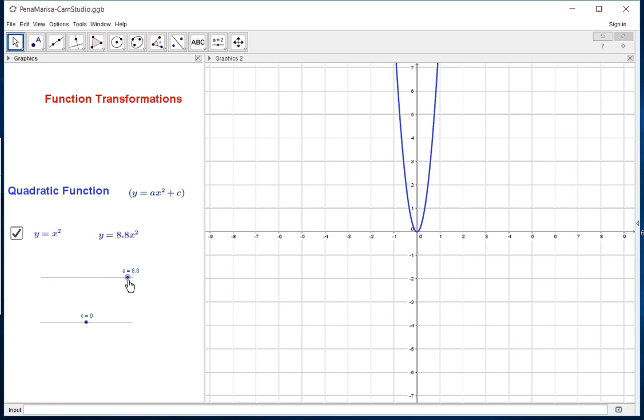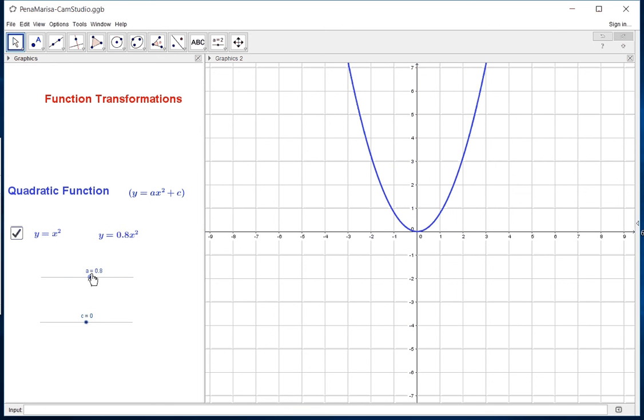And the larger a gets, the narrower my parabola becomes. The smaller a gets, the wider it becomes. So changing a obviously affects the width of our parabola, of our graph.